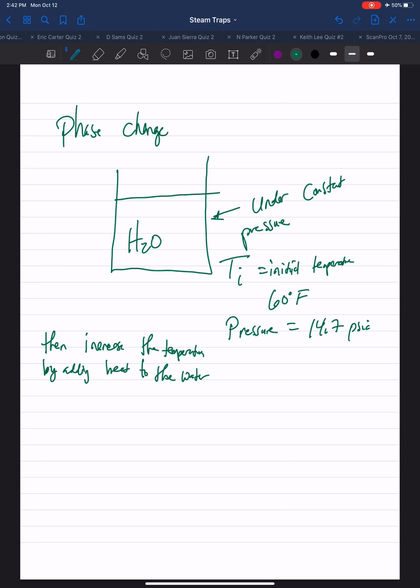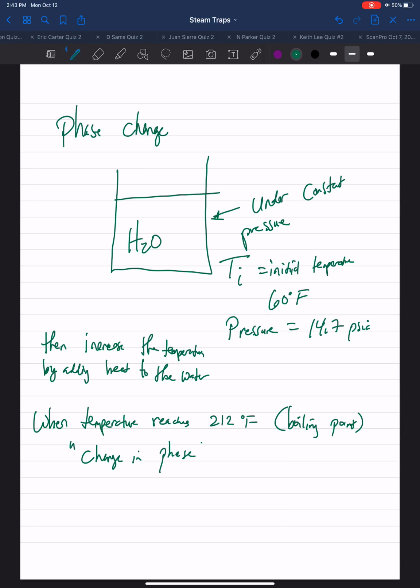The temperature will increase. Once that temperature reaches 212 degrees Fahrenheit, this is what we call boiling point. And this is a change in phase. Some of the liquid becomes vapor.